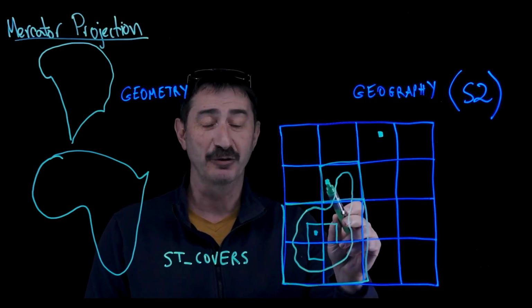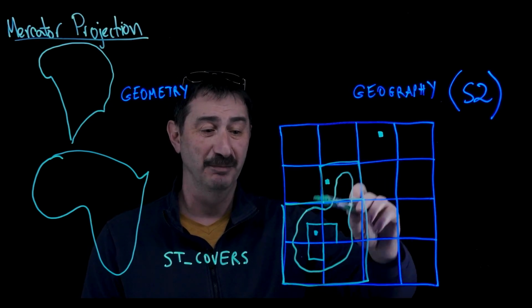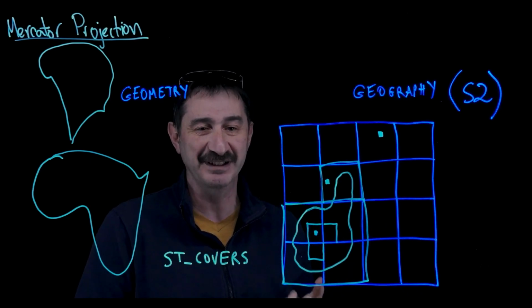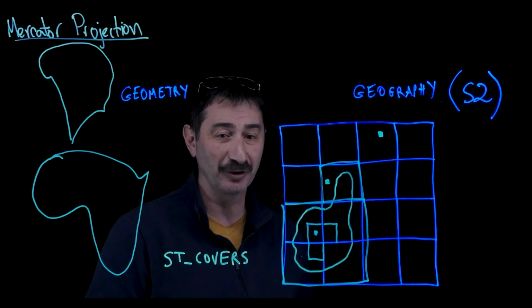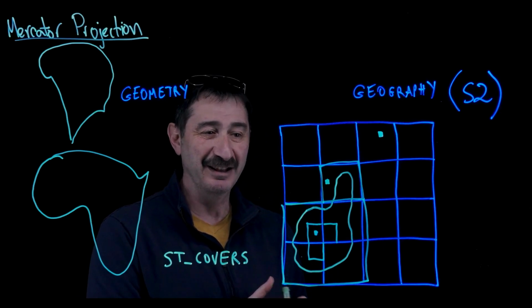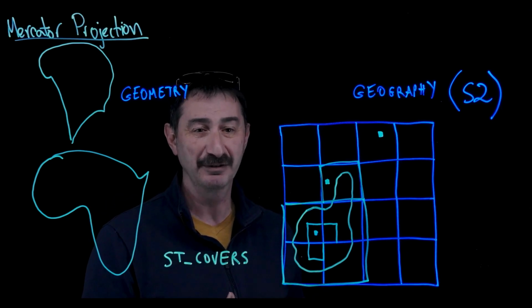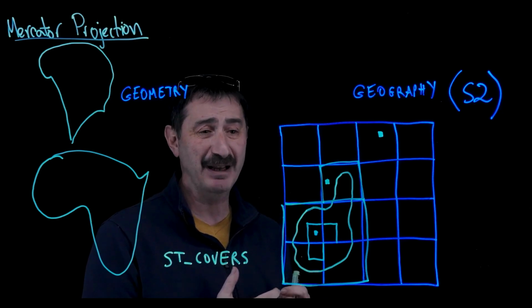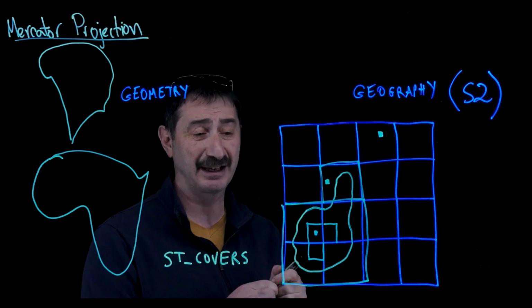So let's go back to this point. It's inside exterior cover, but not inside interior cover. So we don't actually know. We still need to do the expensive check. And this is where Firebolt adaptive runtime kicks in. When we see that we have many of those points which kind of fall in between, what we do is we dynamically change number of cells for both exterior and interior cover.